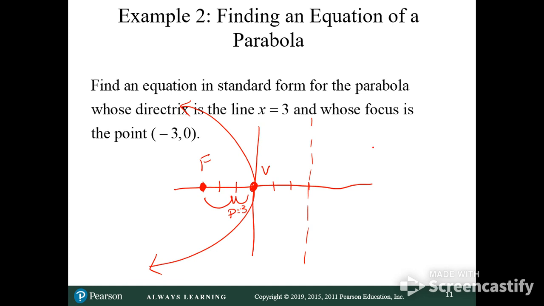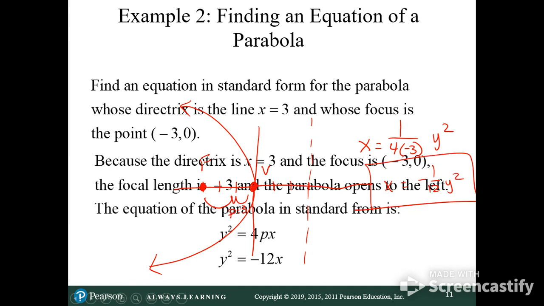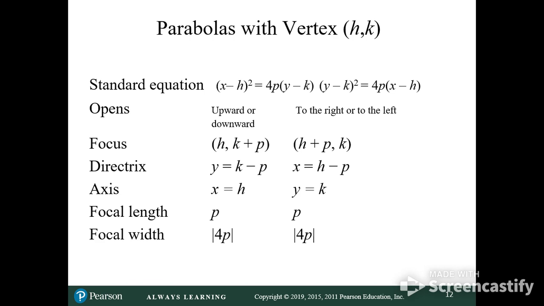So in my equation, I write x equals 1 over 4 times negative 3 times y squared, or x equals negative 1/12 y squared. That's the equation. So y squared equals negative 12x. I don't know how they'll want you to write it on your homework.